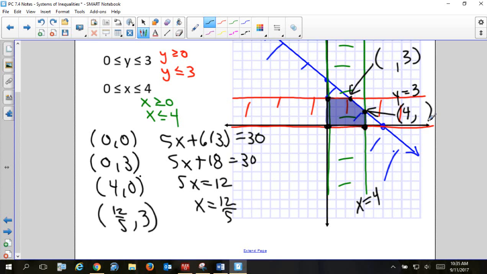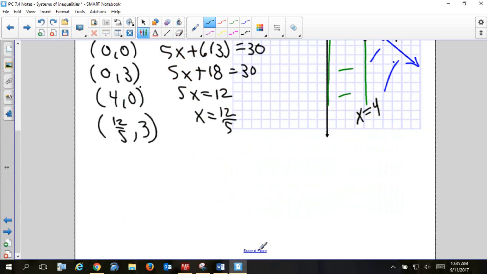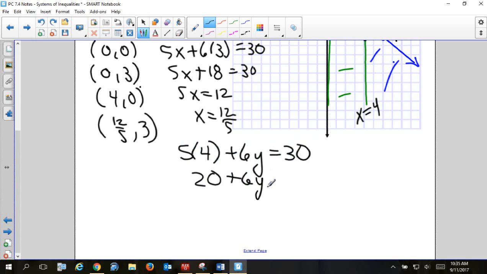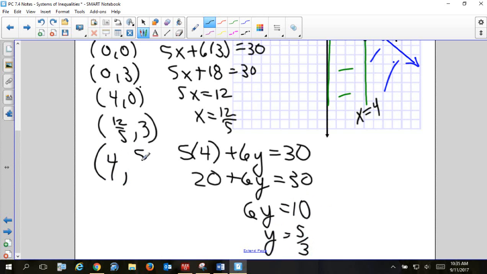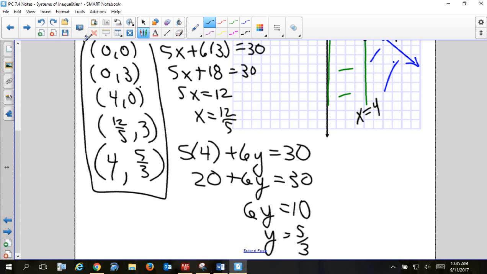So if I put 4 into the blue equation for x, then I can find y. 5 times 4 plus 6y equals 30. So 20 plus 6y equals 30. 6y is 10. Divide by 6, reduce it, 5 thirds. So we have all 5 vertices.